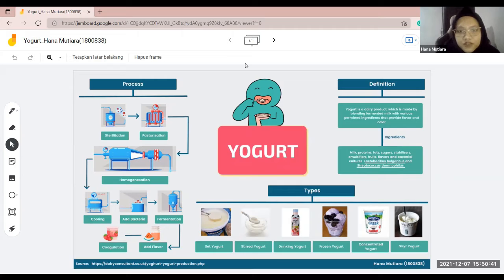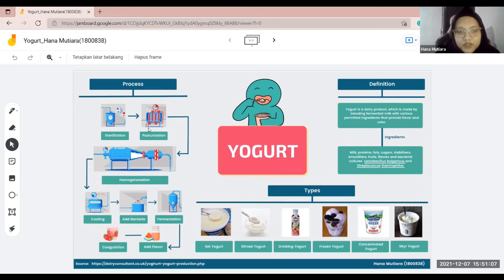So what is pasteurization? In the pasteurization process, the milk will be heated at a temperature between 85 to 95 degrees Celsius for between 15 to 30 minutes. This process is done to kill off any bacteria and other microorganisms that are naturally found in the milk.